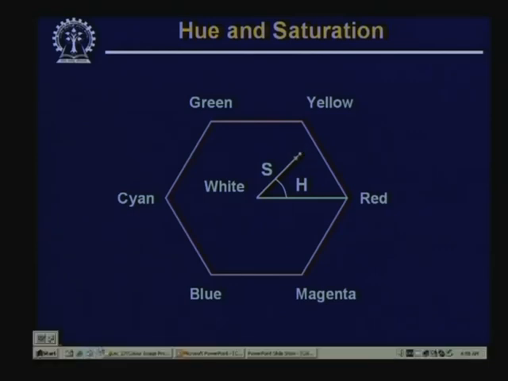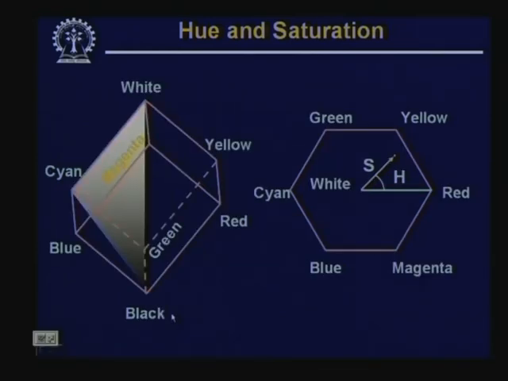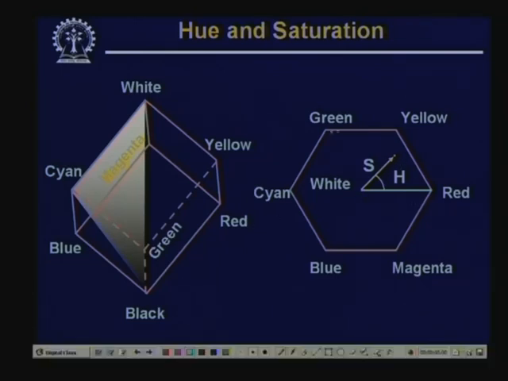So, as we rotate the plane by 360 degree around the intensity axis, this particular straight line will also be rotated by an angle of 360 degree around the center of the hexagon.